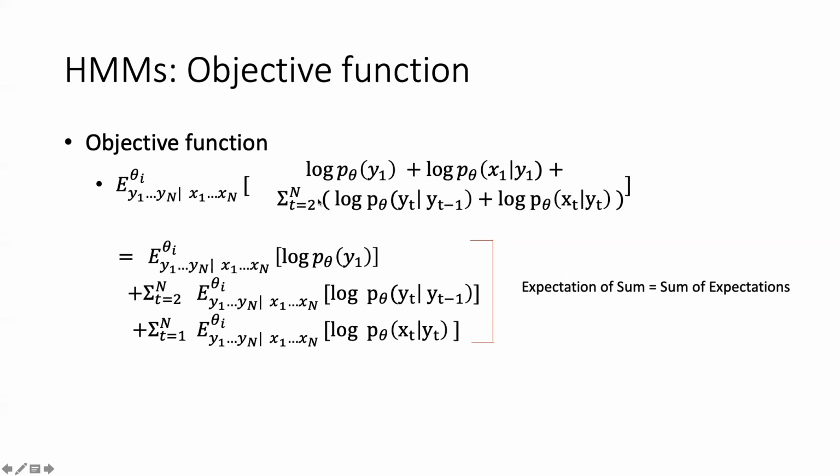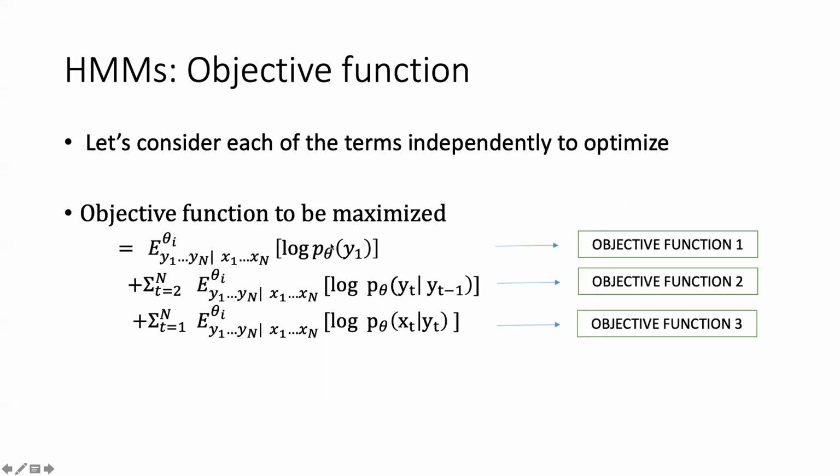So we can split this expression in order to compute each of the three parameters separately: first the initial probabilities, then the transition probabilities, and then the emission probabilities. We can compute the three objectives separately. So these are objective functions 1, 2, and 3.